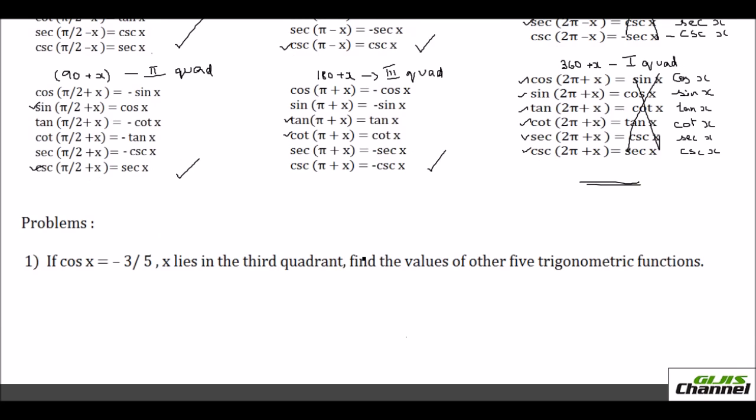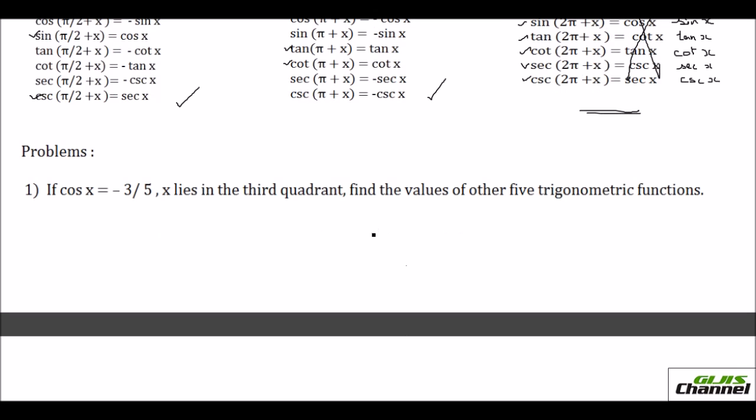Now, I have taken two questions so that you will be able to understand how to apply this in the problems. Here they have given you cos x is minus 3 over 5, where x lies in the third quadrant. They specify the quadrant for you to fix the sign, that we'll do later.